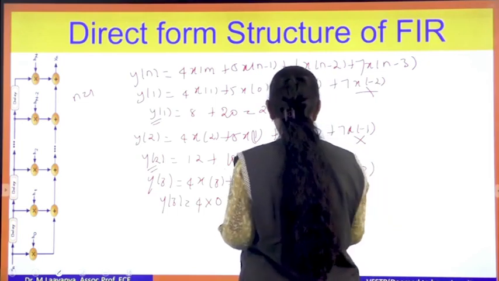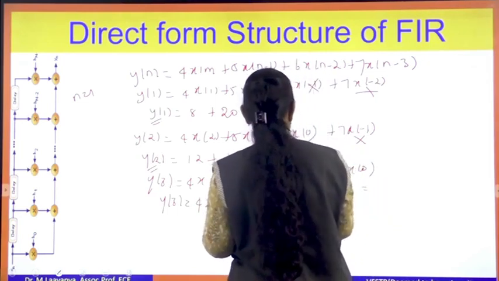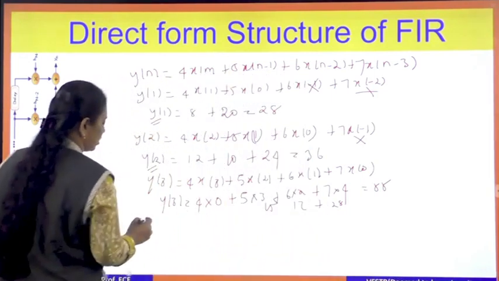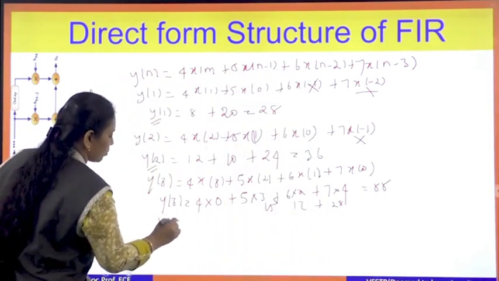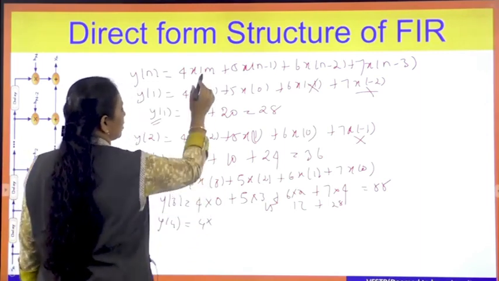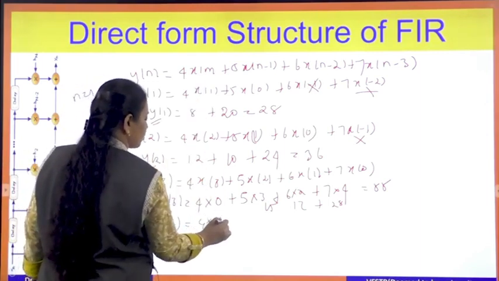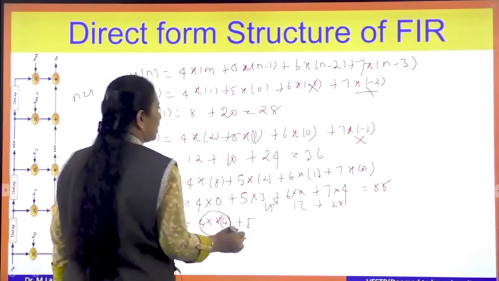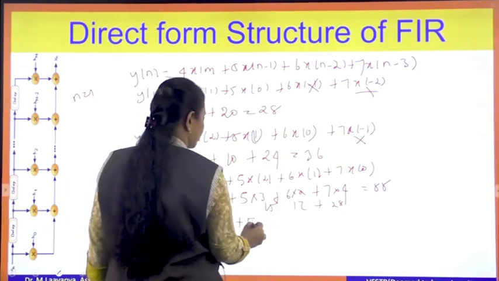So it will be 20, 30, 38, 20, 30, 40, 45. So y of 3 is over. And again if I find y of 4, 4 into x of 3 becomes x of 4. X of 4 value is 0. So this will be 0 plus 5 x of 4 minus 1, x of 3.